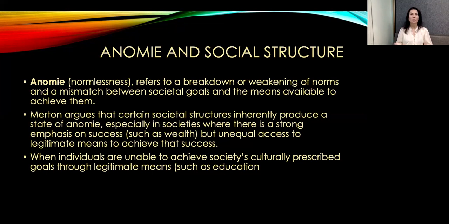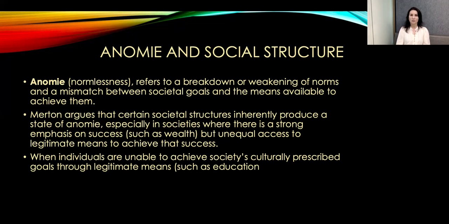They try to figure it out, but changes are too rapid. In that kind of case, it weakens the norms in society, or people just do not know what the norm is because of those rapid changes. At that time, the societal goals and the means available to achieve those goals can become blurry.